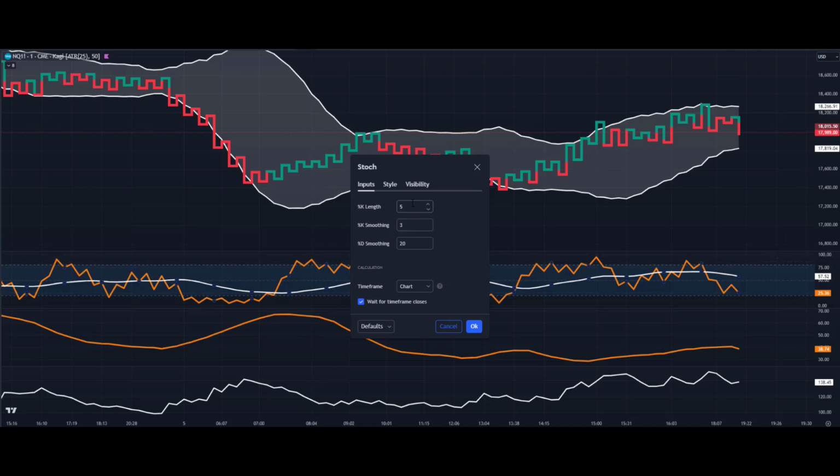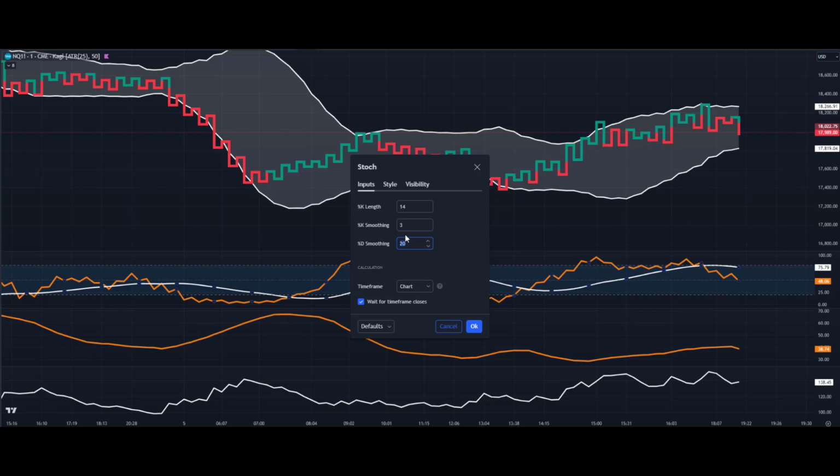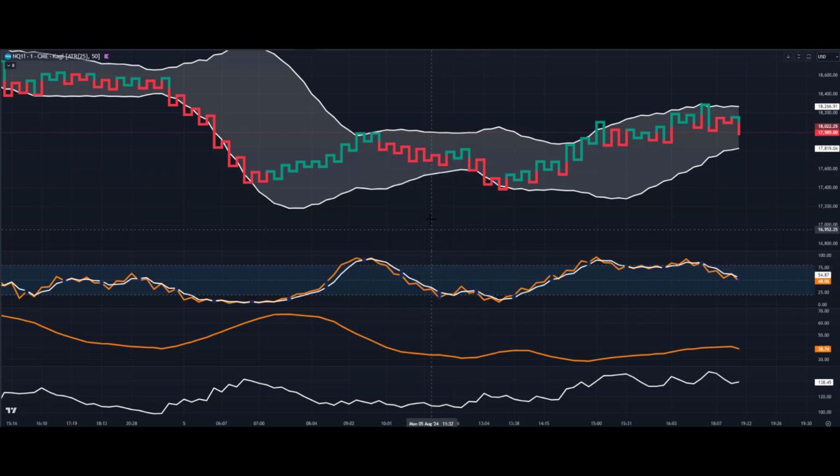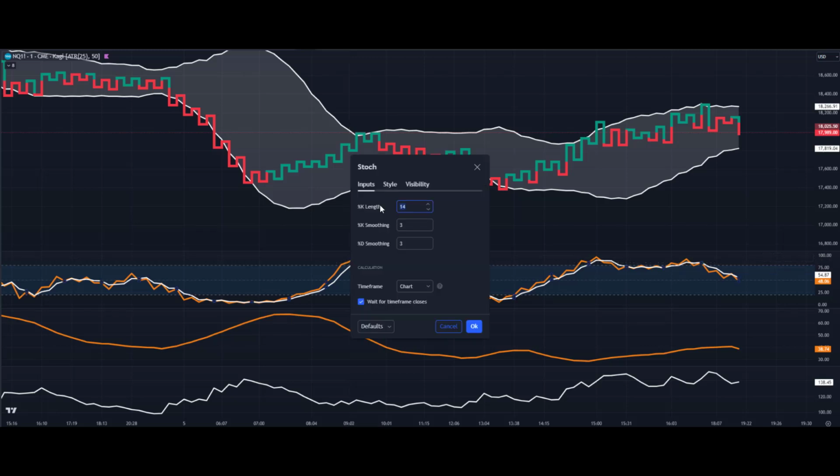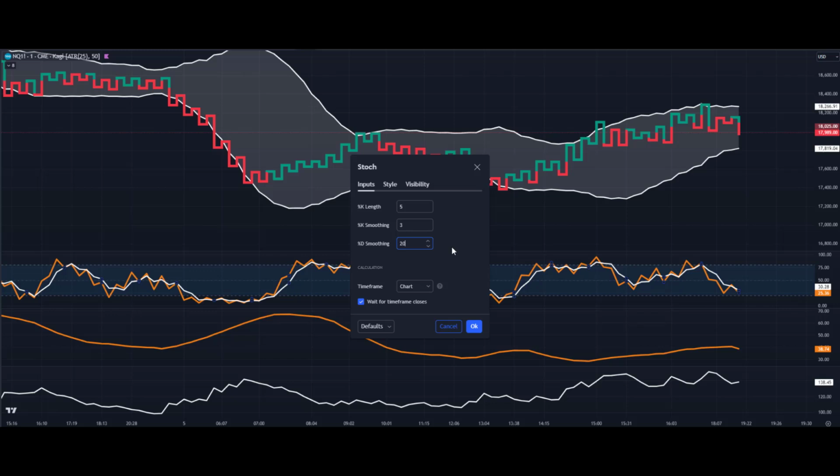You can use like 5320, which I use commonly on my Renko charts, you could use something like 1433 as well if you like. Let's use that as the default in this one. Actually, I'm going to go back to the 5320. It's one of my favorites there.